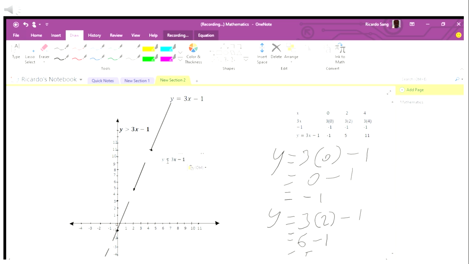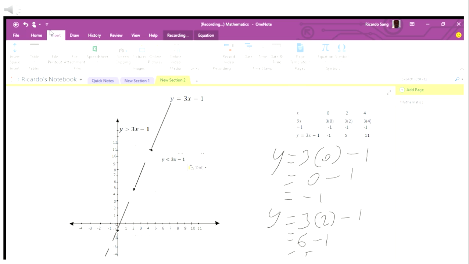Alright, so let's make that a little bigger so we can see it.